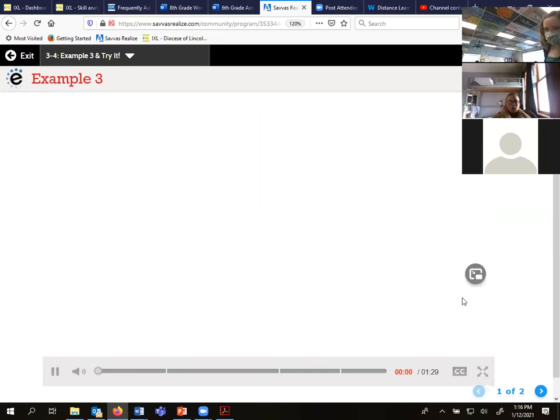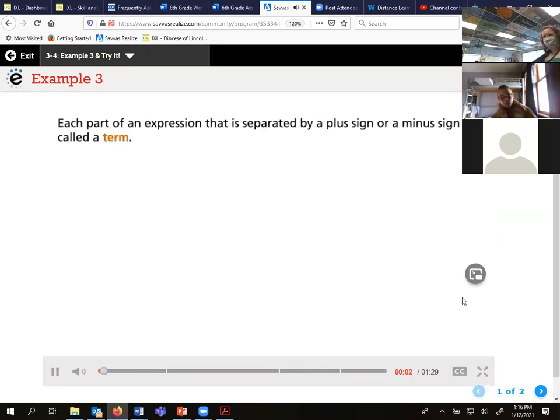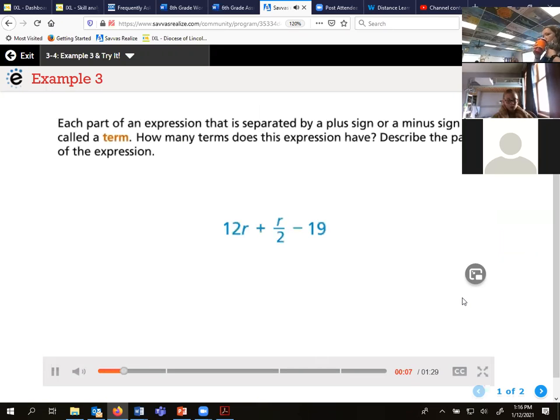Pay attention. Each part of an expression that is separated by a plus sign or a minus sign is called a term. How many terms does the expression 12r plus r divided by 2 minus 19 have? Okay.